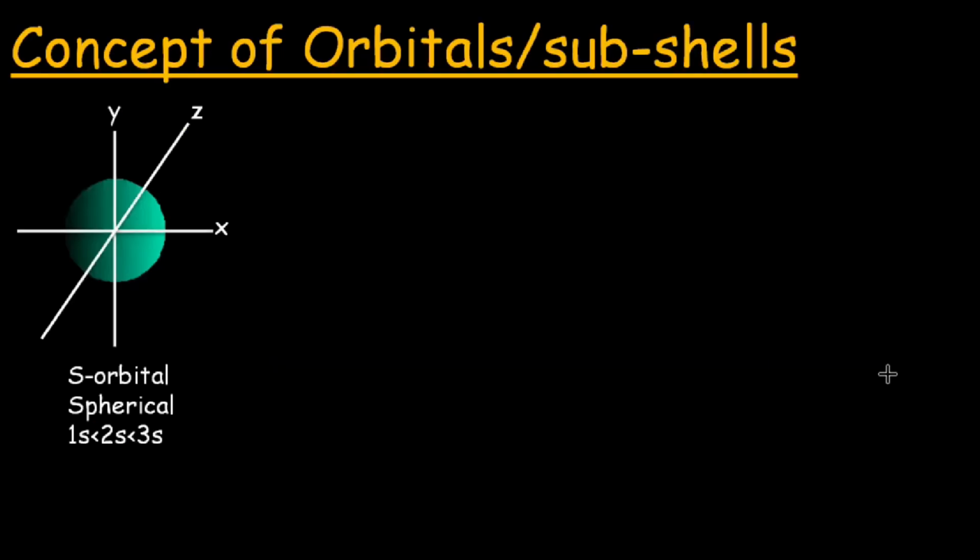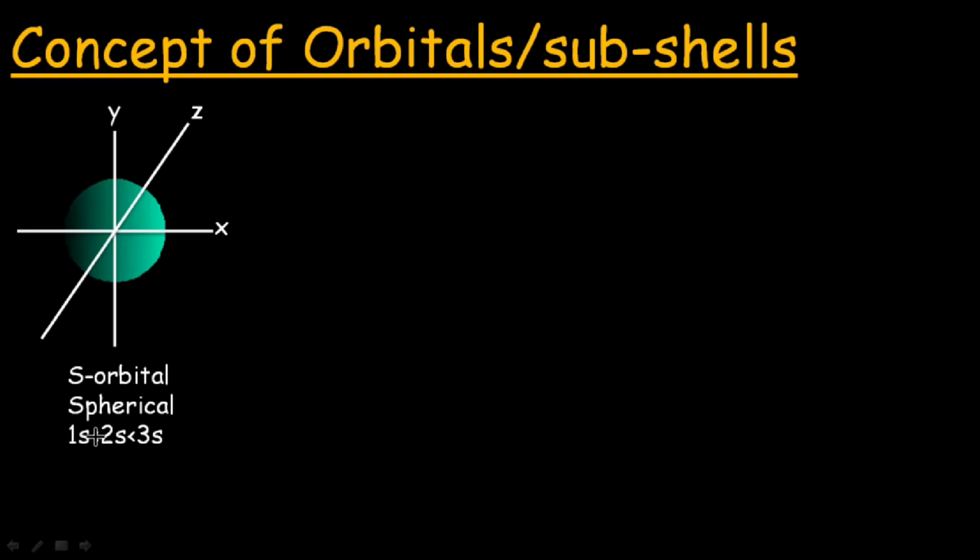Now let's discuss the shapes of orbitals. As you know that s orbital is non-degenerate, the probability of finding electron in s orbital is the same all around. So it is spherical in shape. However, if it is present in the K shell, its size is smallest. 1 is showing the principal quantum number and s is showing the orbital.